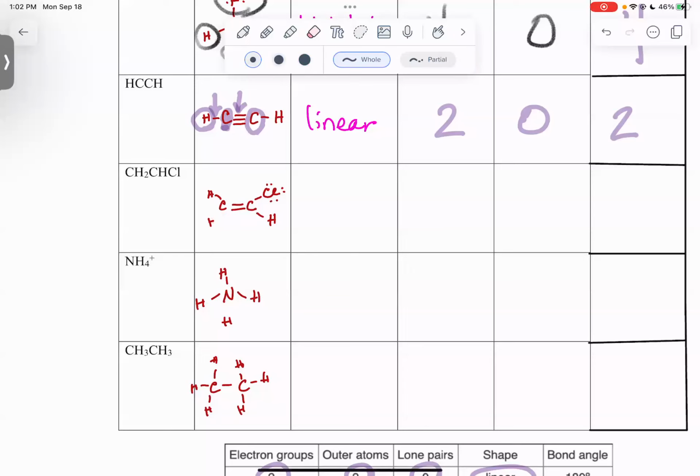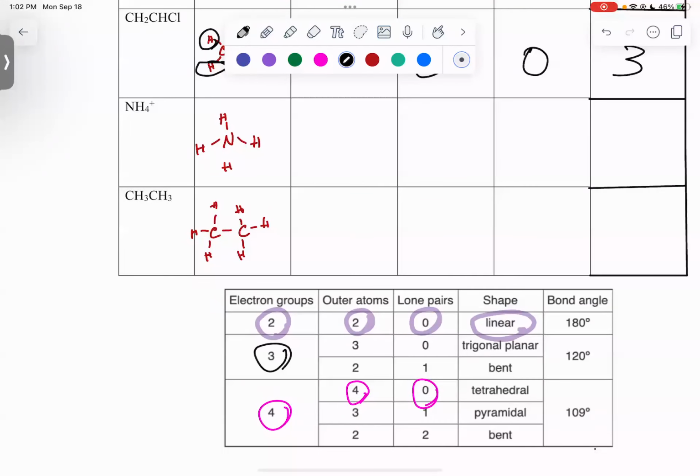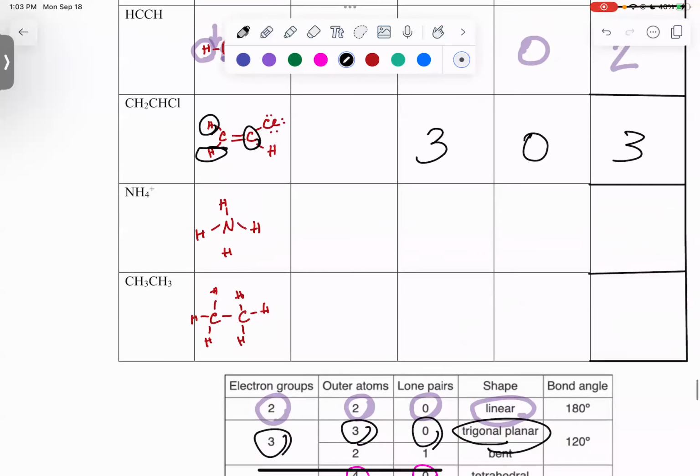Oh, and I didn't write that. I have 3 electron groups, I have 3 outer atoms, and I have no lone pairs. So 3 outer atoms, no lone pairs, I am trigonal planar. Okay.